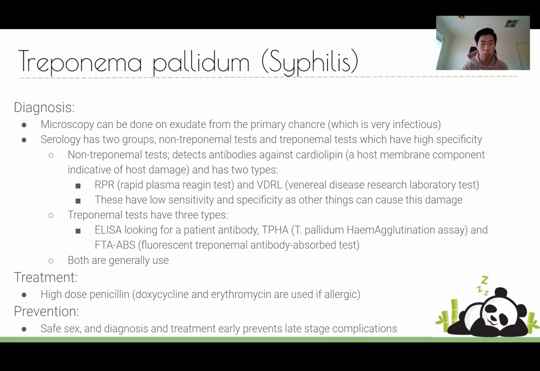These are both used in conjunction, and if you just know that they can be used, that's, I think, all that matters. The sensitivity and specificities aren't that incredibly important. Treated with high-dose penicillin, and they are urged to have safe sex and diagnosis and early treatment, as are the rest of the bacterial STIs.